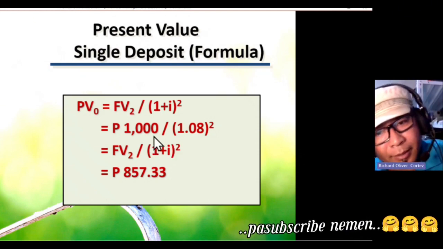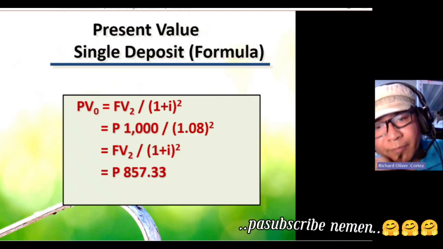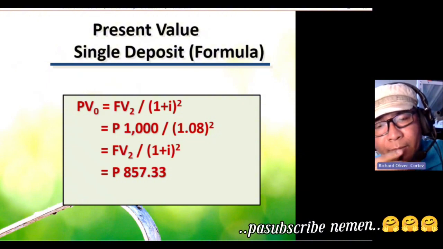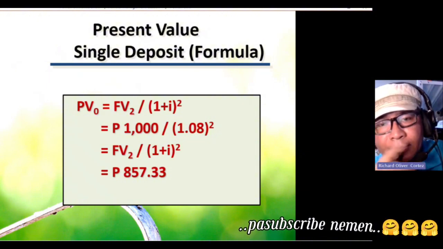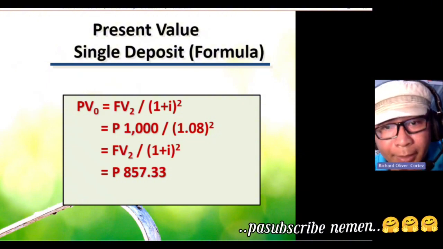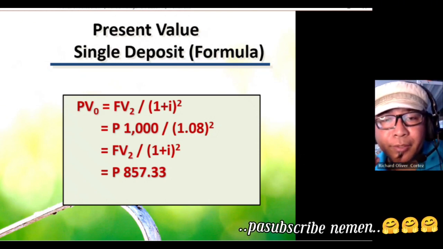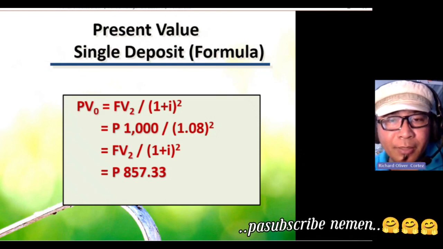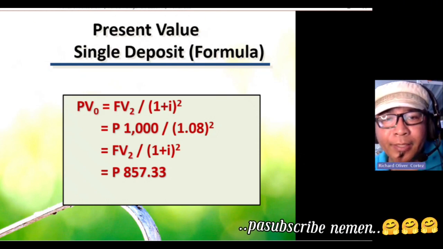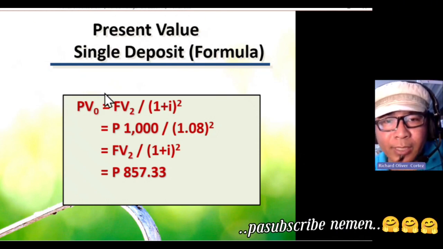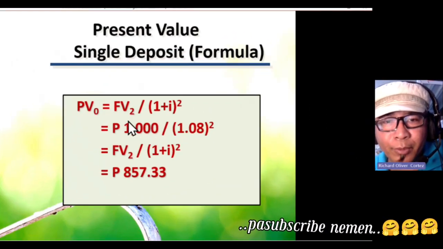In getting the future value, ang ginawa natin, tayo ay nag-multiply. But using manual method, and you want to get the present value, baliktad yung ating gagawin. I-divide natin yung 1,000 by 1.08.